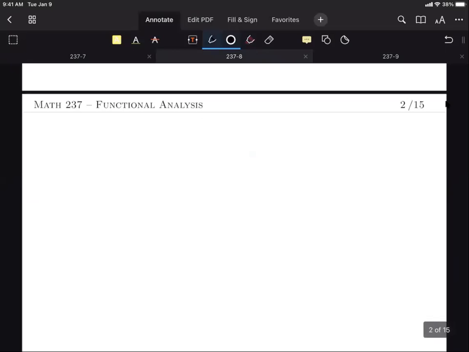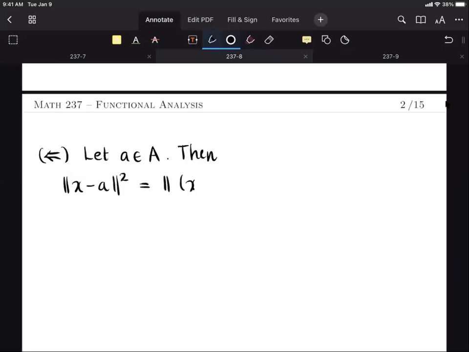For the other direction, suppose that the variational inequality is valid. First, let us take an element A. By rewriting this difference x minus A as x minus y minus A minus y, so here we added and subtracted y, and then you expand, you will have the following equation.